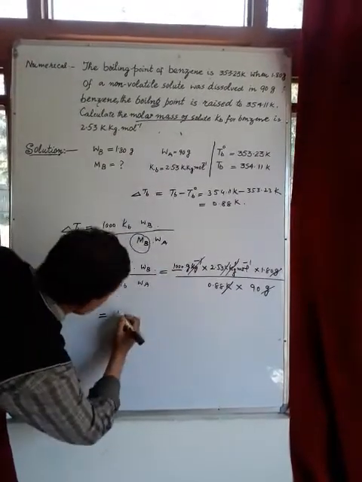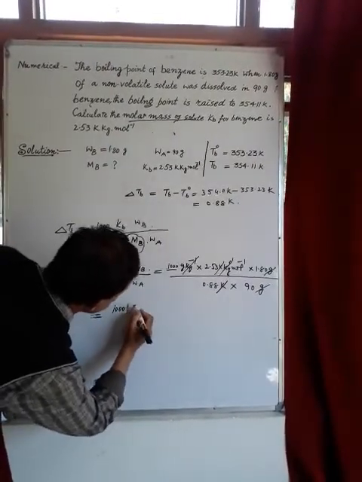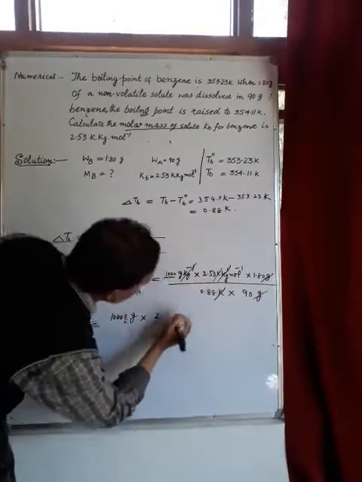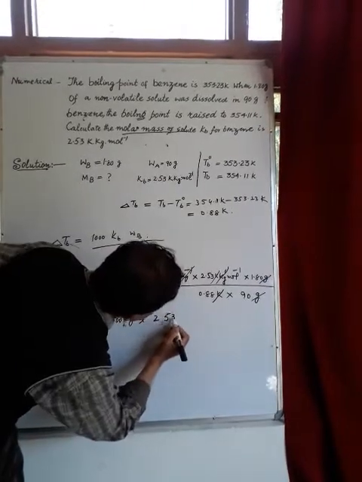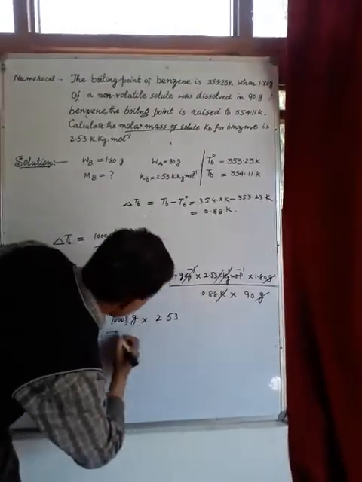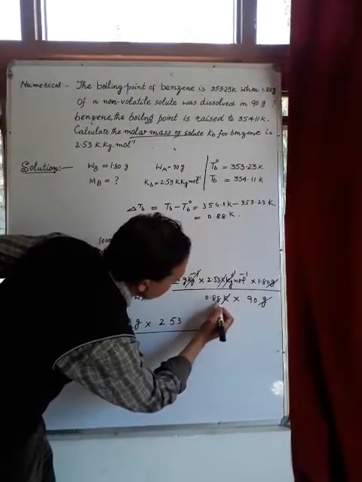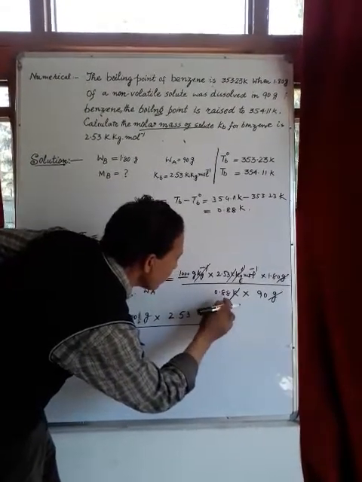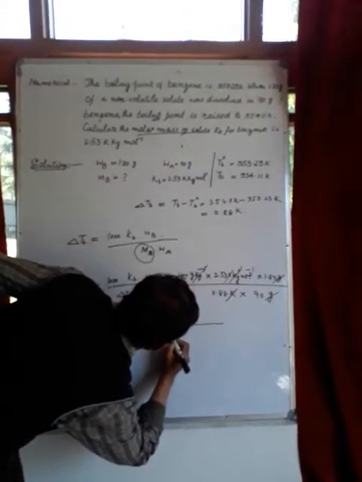Now we have 1000 into 1000 के साथ gram into 2.53. तो डेसिमल के बाद दो डिजिट्स हैं, we will write 253 divided by 100. So here 0.88, डेसिमल के बाद दो डिजिट्स, तो 88 whole divided by 100, 100 cancel, so we will write 88.